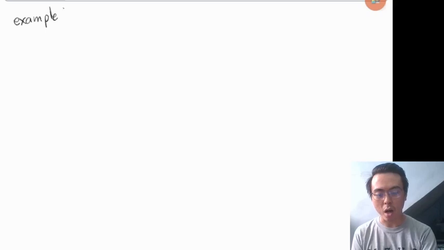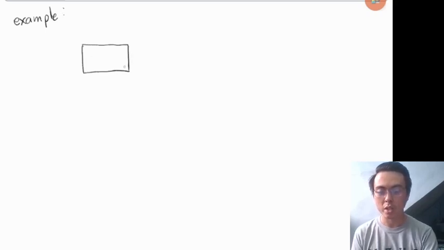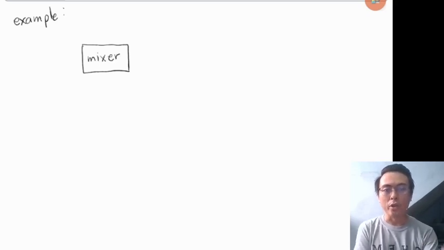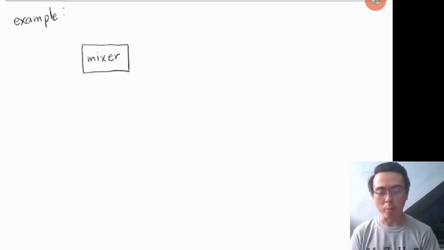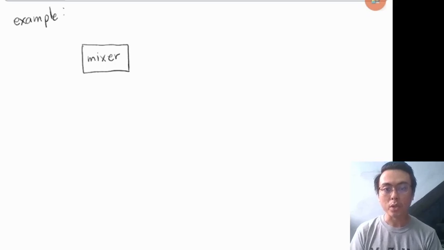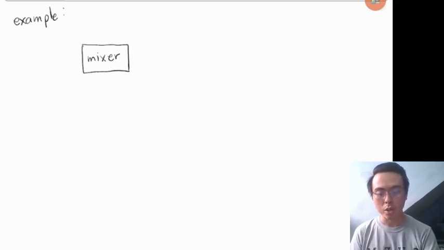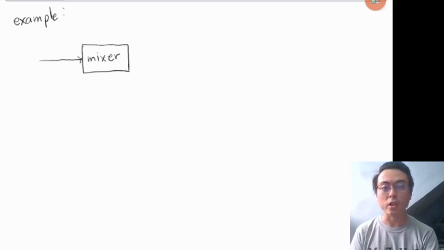So let's draw a box with the name of the process unit, mixer. Now you know that process units should have inputs and outputs. So it's now time to place inputs and outputs. Based on the problem, we have two inputs and we have one output. Your first input is the original sodium hydroxide solution.